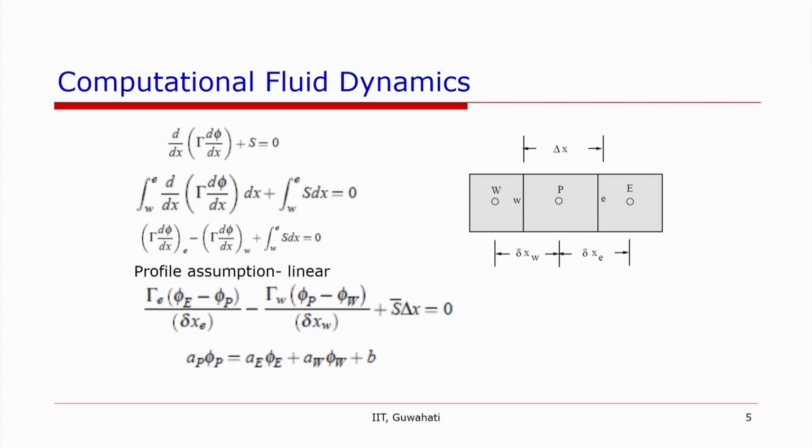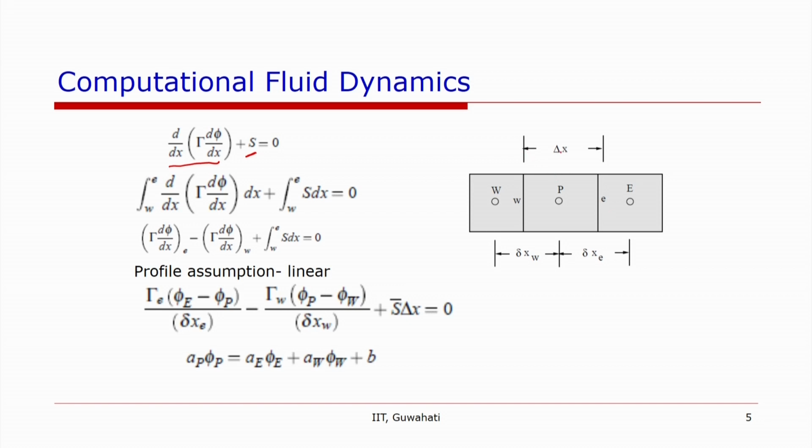what is done in finite volume method, what we have here is a simple diffusion equation with source term. So this is the diffusion term and this is source term, and in finite volume, let us say there are three adjacent cells for a one-dimensional problem.